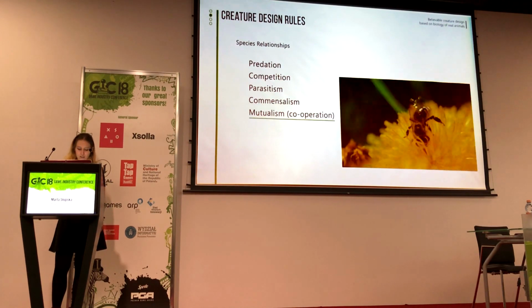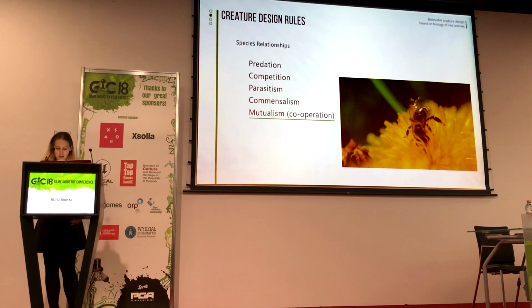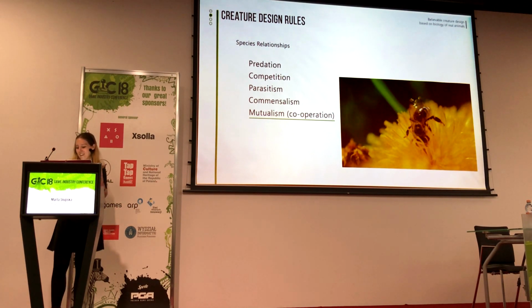And the last one is mutualism, and it's when both species take advantage from the relationship, and they have benefits from it. For example, this is the bee taking the pollen from the flower, and the flower likes it, because the bee takes the pollen, but also the nectar.